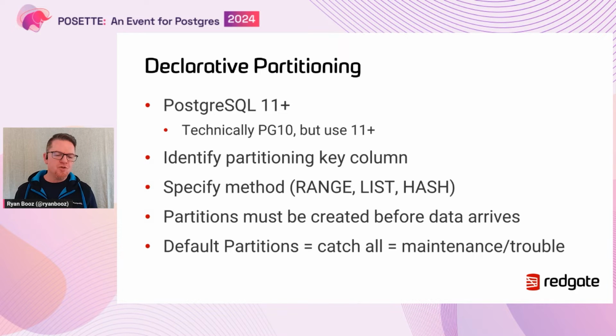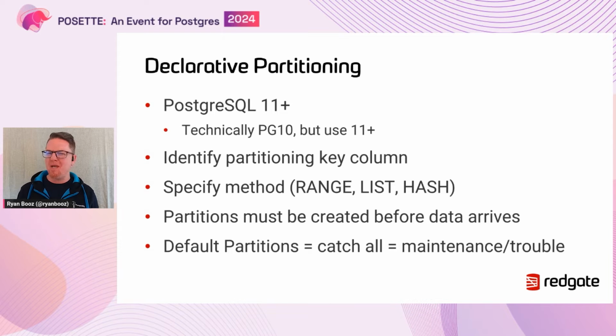And then the two things you do need to understand are that partitions need to exist, in currently supported versions of Postgres. They actually need to exist before the data arrives. And so if there is not a partition and you happen to be partitioning on time, maybe you're getting data for the past and you don't have a partition for that data, you will actually get an error.